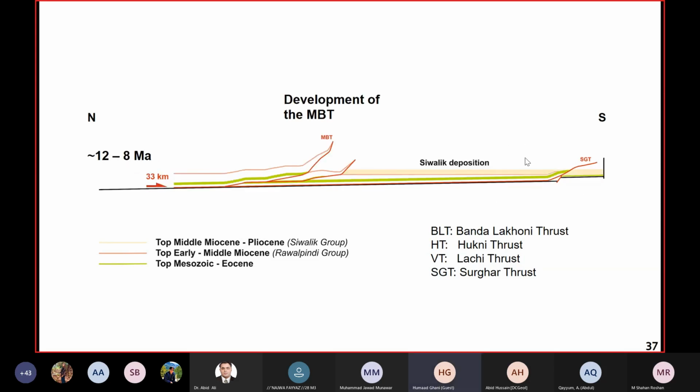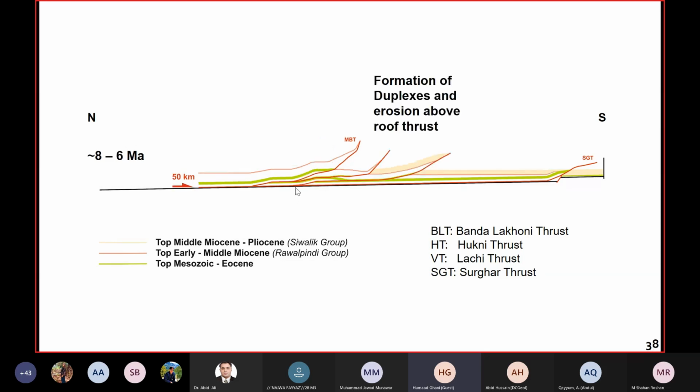Then 12 to 8 million years ago was the time when the MBT was active, north of the Salt Range in the Kohat-Potwar. From the MBT, the deformation propagated on the upper decollement. And what you see below is that the lower decollement is creating wedges or duplexes that uplift the upper strata on top of it, and also carry them forward and rotate the older thrusts.